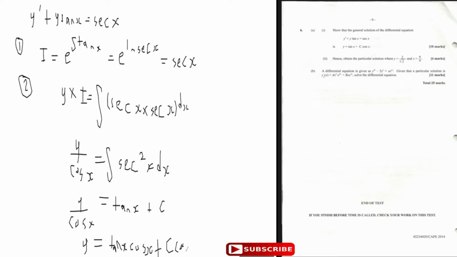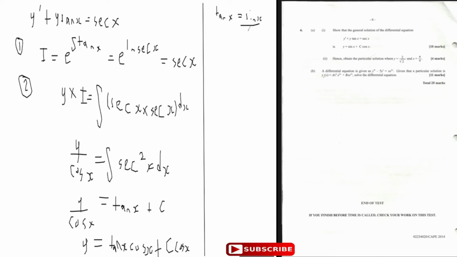All right, nice. Now we're almost finished, but not quite. One thing we need to realize is, remember, what is tan x? Tan x is equal to sine x over cos x.